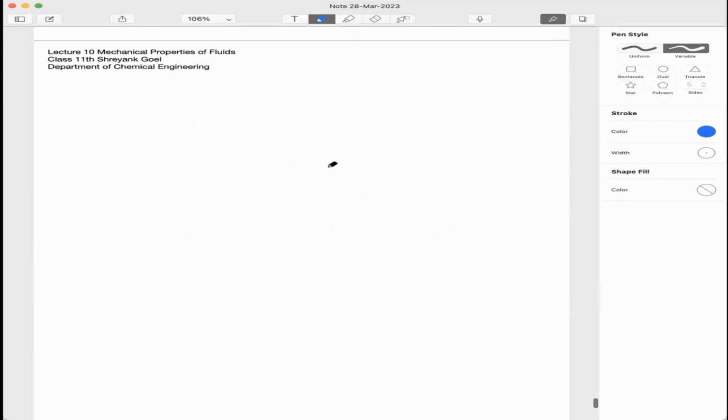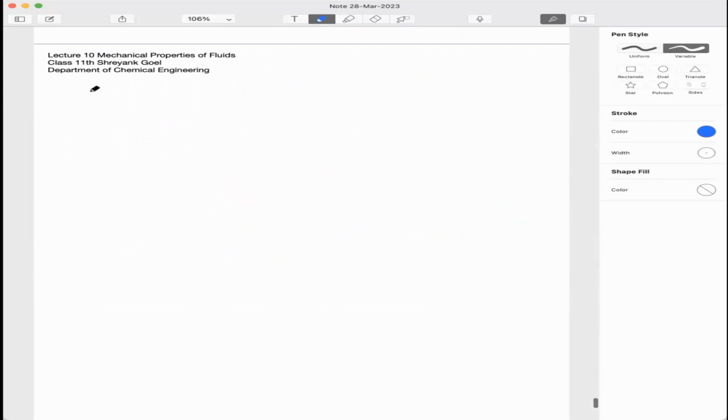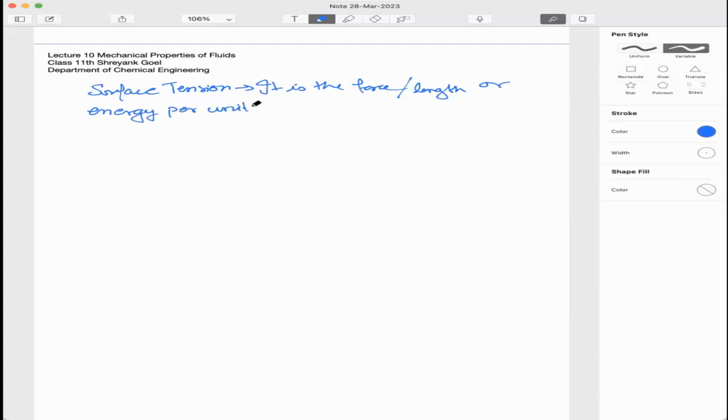And surface tension is the force per unit length, or energy per unit area required to create a new surface area.